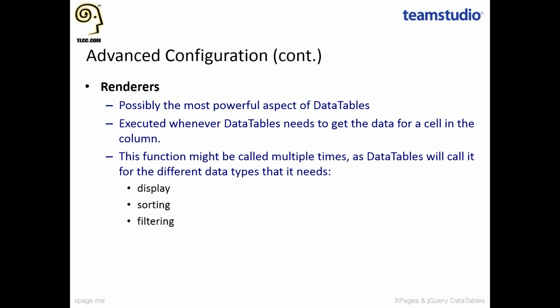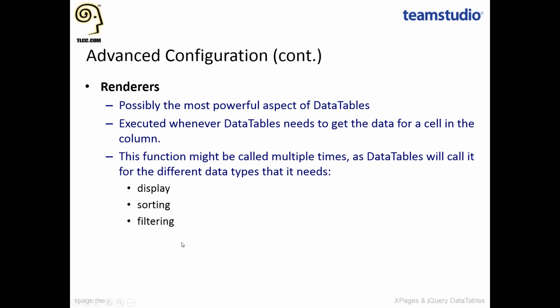This function is going to be called multiple times because it has to display the data for some of the different phases of the table creation. So you have display, which is what users are going to see. There's going to be the sorting phase. Maybe you have a column that has the word 1 or the word 2, but for sorting purposes, you actually want it to sort by 1, 2, 3, 4, etc. And then filtering.